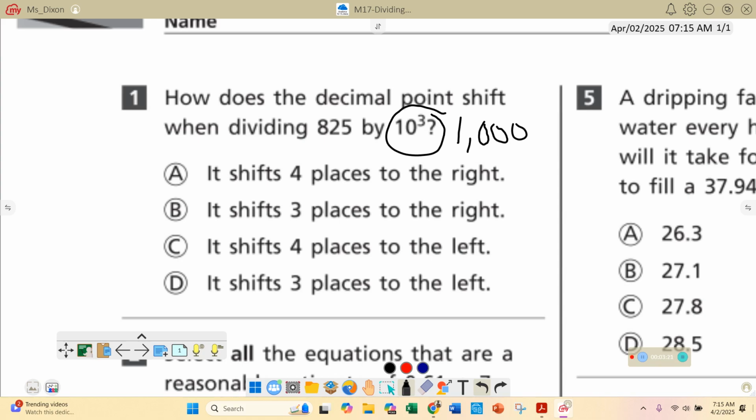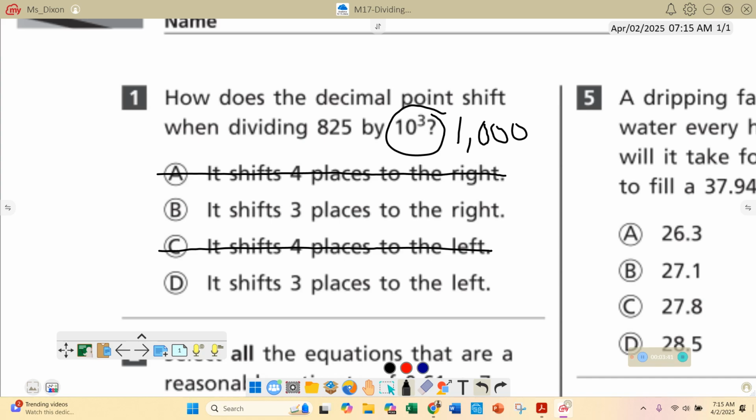Since we have that under our belt, we know we're going to be moving the decimal at least 3 places. So that can already eliminate A and C as possible answers, because they're talking about moving the decimal 4 places.